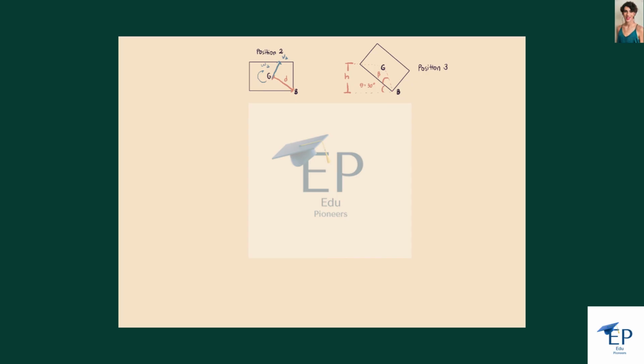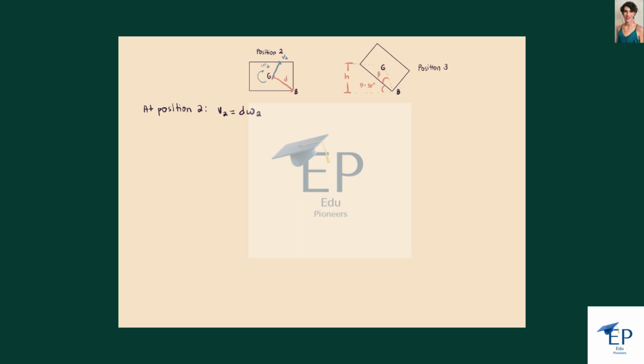Now, the motion after the impact is a rotation about point B. So I have here an illustration of what happens after the impact. At position 2, we have V2 is again equal to D omega 2.